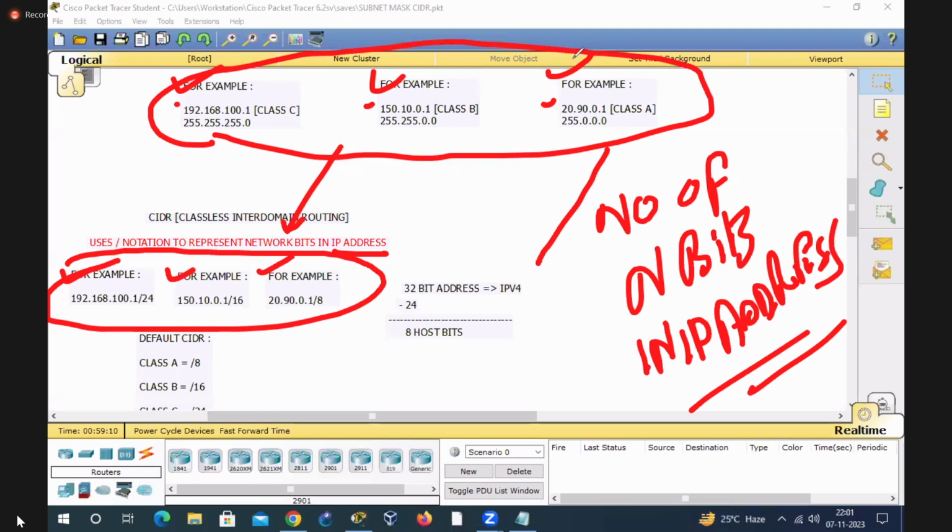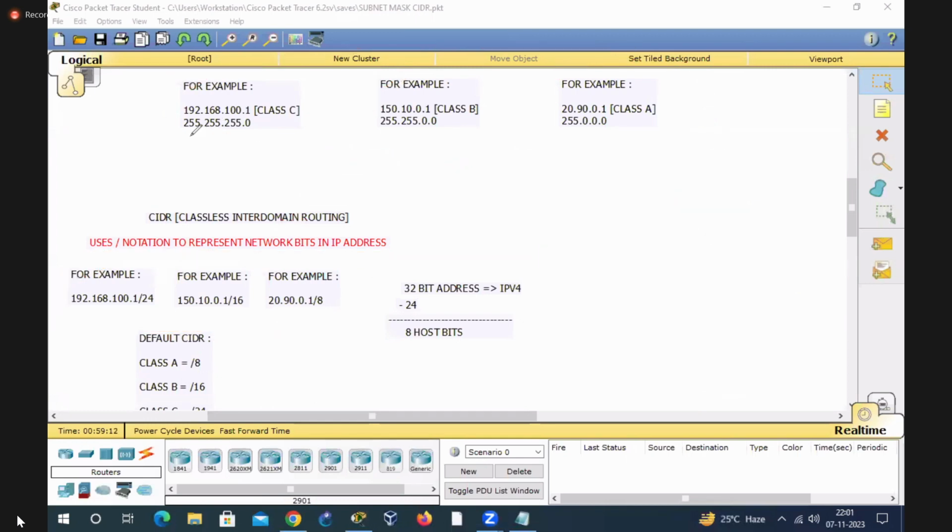That is your class C address. 255, 255, 255 means 8 plus 8 plus 8, that is 24 network bits.